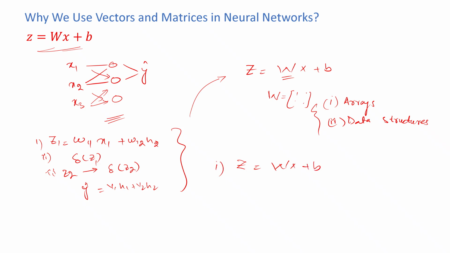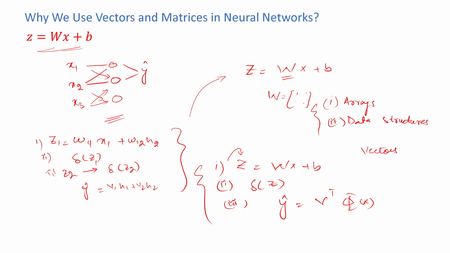This is the first step, which is linear combination. And then after that, we have to perform the activation, and then we have to write the estimated function, which was this way. Nothing changes, the only change is that we use vectors and matrices for simplicity.